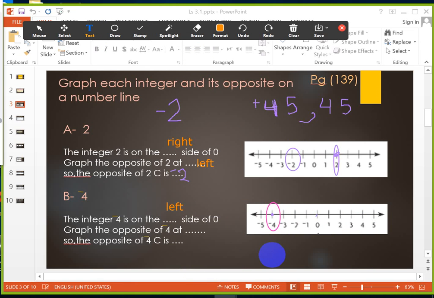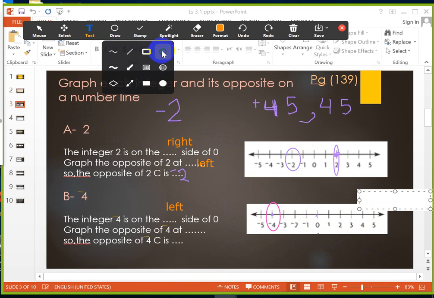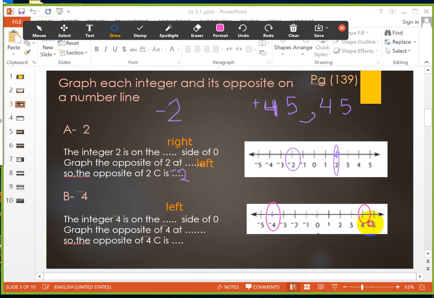Could you please type in the chat? I'm talking about 4. Okay, leave 2, I'm talking about 4 now. Very good. It will be the same number on the right side. That means the opposite of -4 will be +4 or 4.